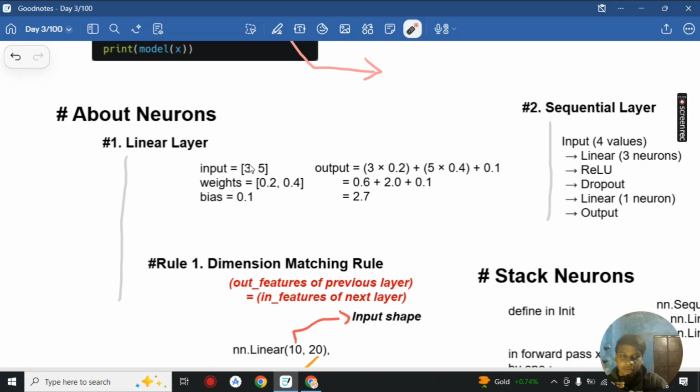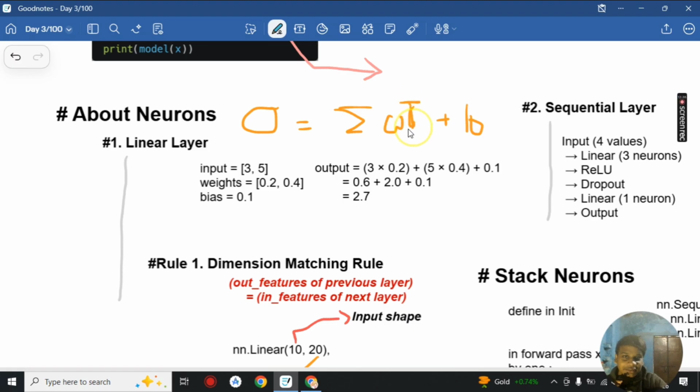The linear layer is basically one of the simplest layers. The formula is: output is equal to the summation of weight times input, plus bias.